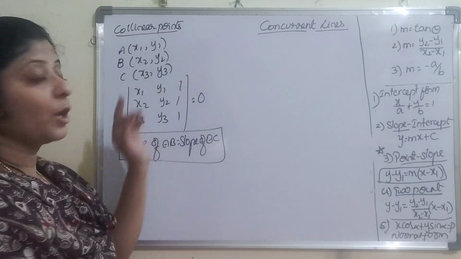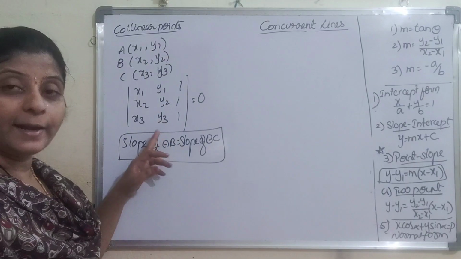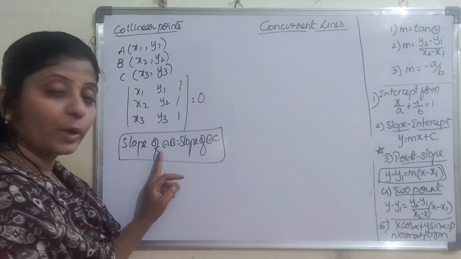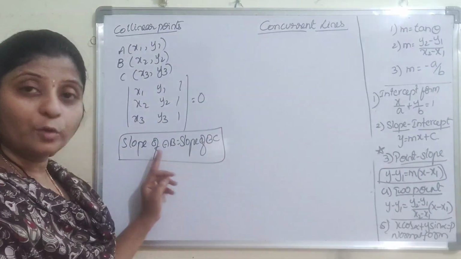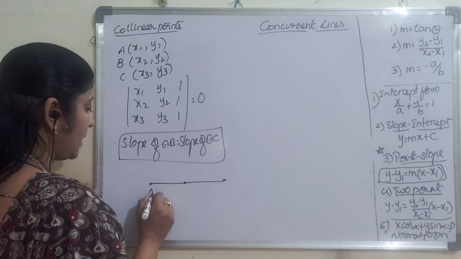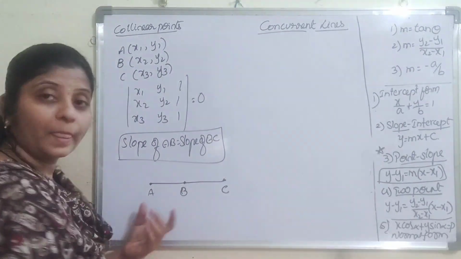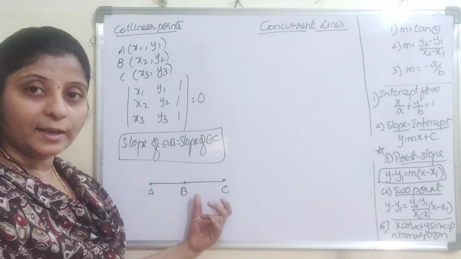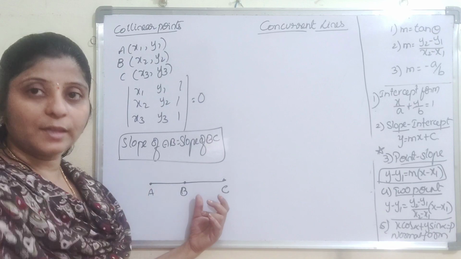So when 3 points are collinear, you have to do the determinant of x1, y1, 1 like this equal to 0. Or you can use slope of AB equal to slope of BC. The AB line segment slope and BC line segment slope are equal. That means they will be on the same line.